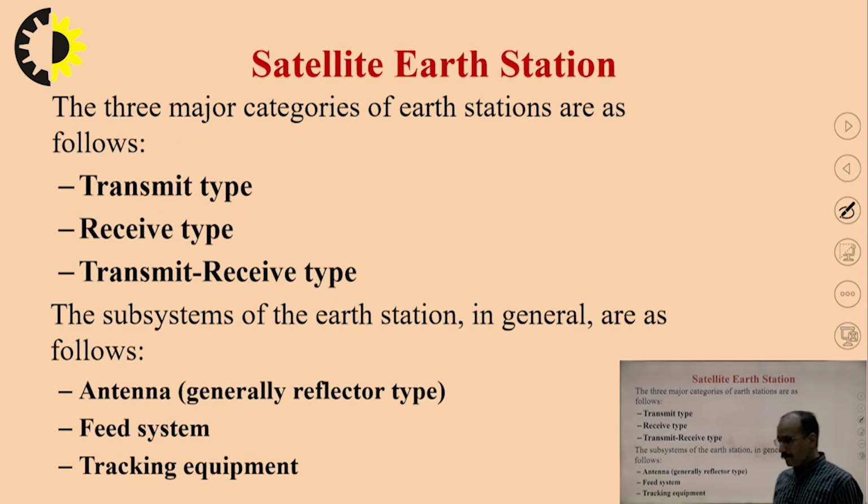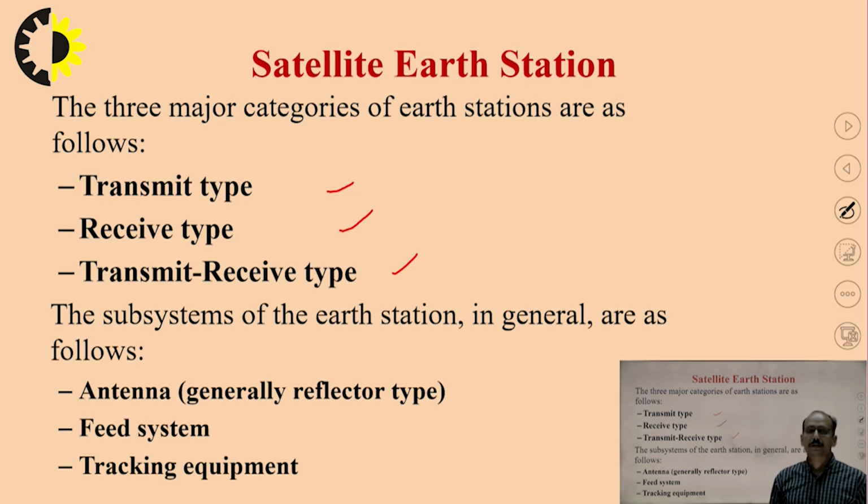Now after all these, we are going to concentrate on the satellite earth station. The satellite earth station is basically divided into three types: a transmitting type, a receiving type, and a transmit-receive type. First, they are used only for transmission, another only for receiving, and the third is a combination of both.